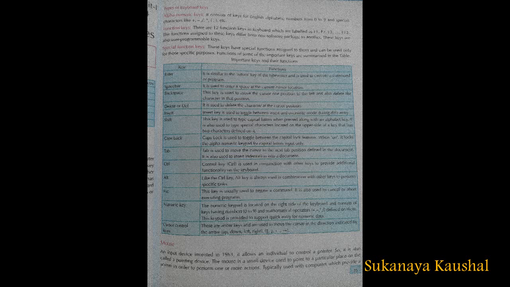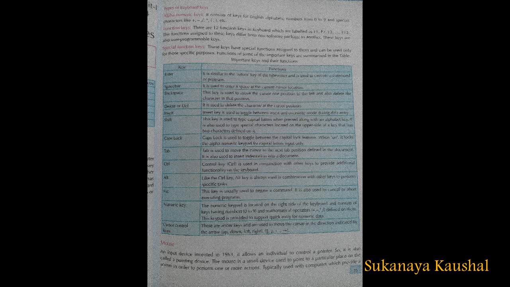We have types of keyboard keys like alphanumeric keys and function keys, which perform certain functions from F1 to F12. Like the name suggests, alphanumeric keys have the alphabets as well as numbers or special characters.